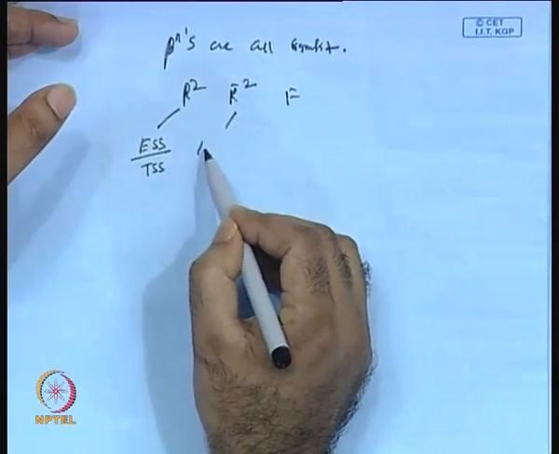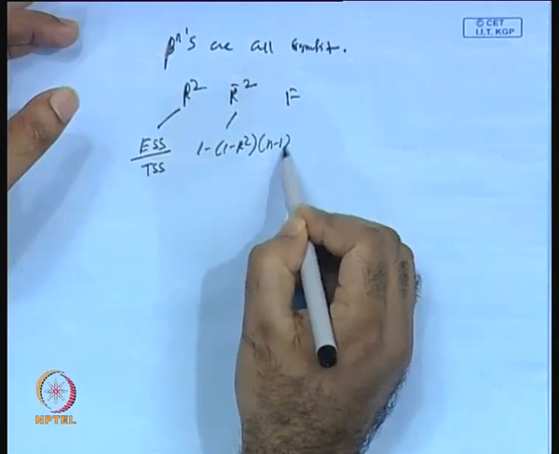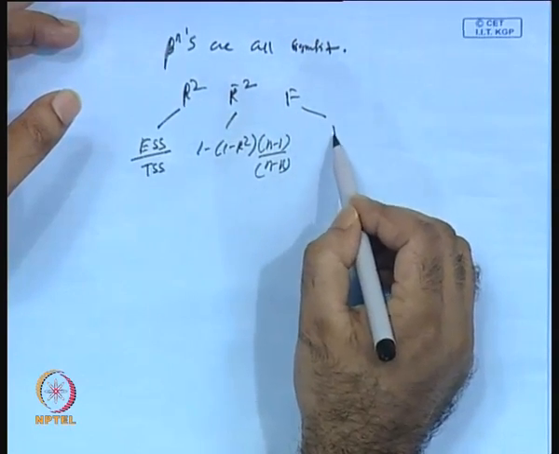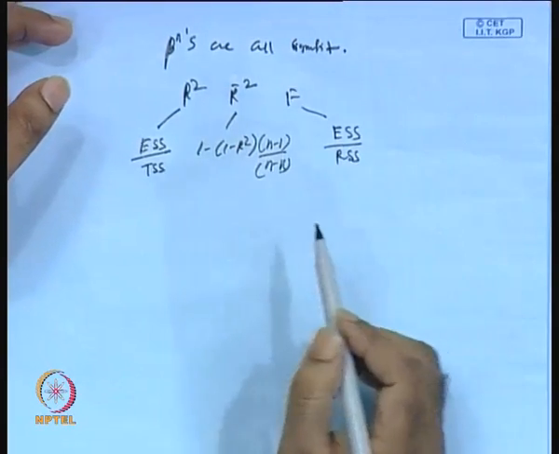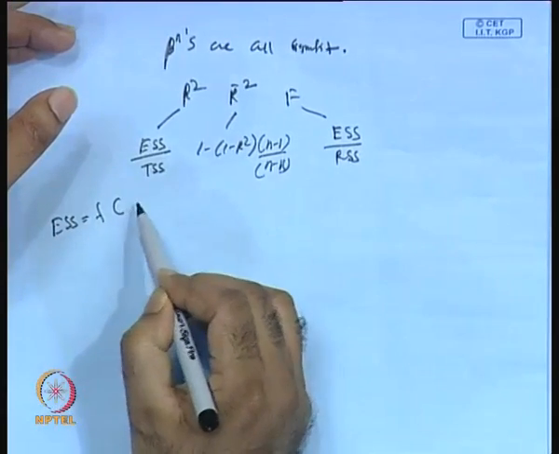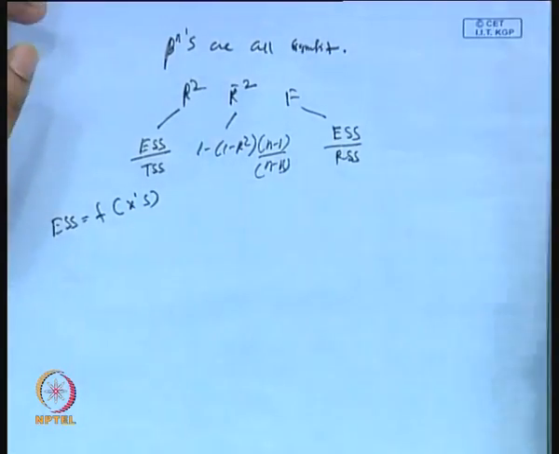Adjusted R square is 1 minus (1 minus R square) times (n minus 1) by (n minus k). Similarly, F is calculated by the ratio between ESS and RSS. But you remember, ESS is basically a function of the x's only. So the value of ESS depends upon the structure of x only, the status of x only.